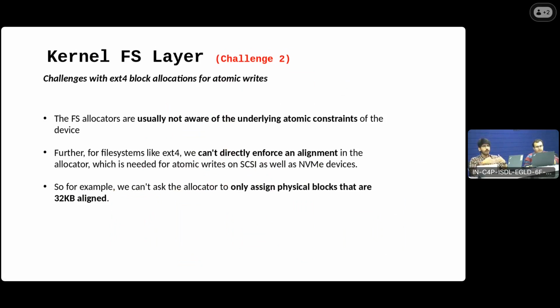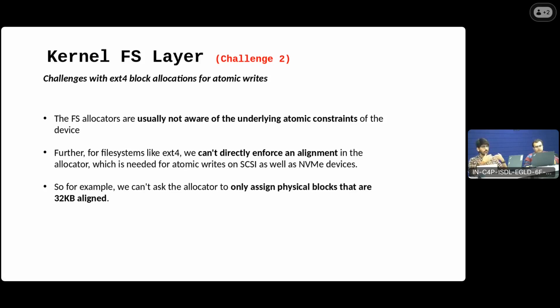Say if you have a device that wants your writes to be at a certain alignment or certain offset, or not cross certain boundaries, the block allocator doesn't take that into account, and the user doesn't have any way to indicate to the block allocator that, okay, I need 4 KB aligned blocks, or 16 KB aligned blocks, or 32 KB aligned physical blocks on the disk. And that's where the issue comes in.